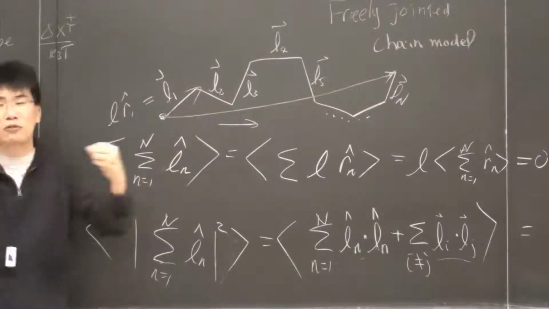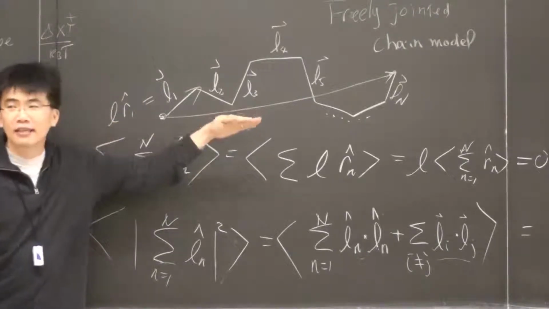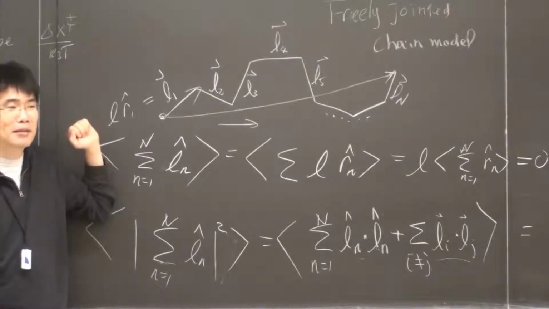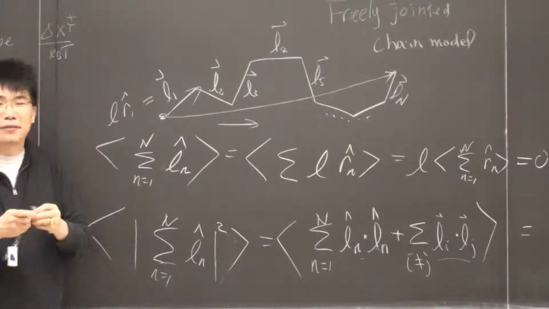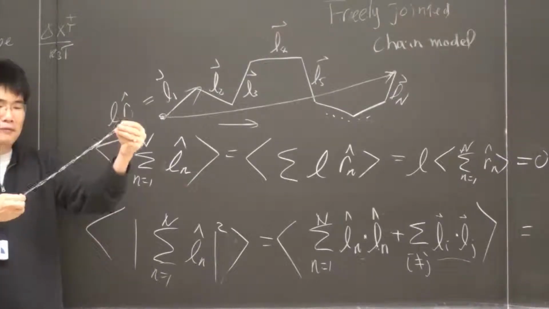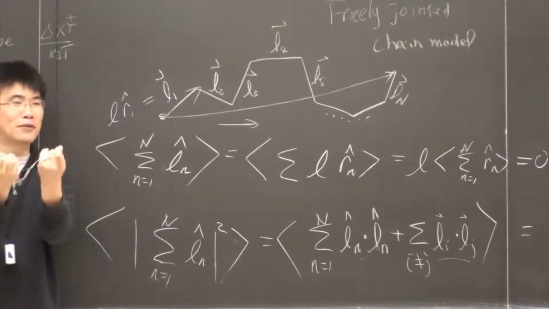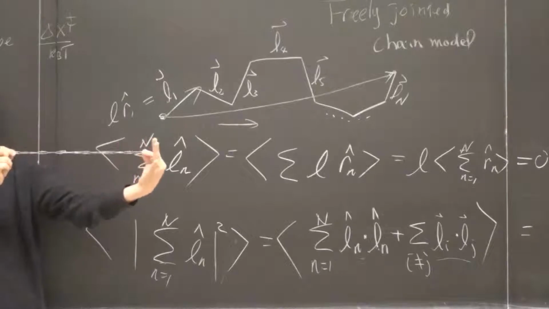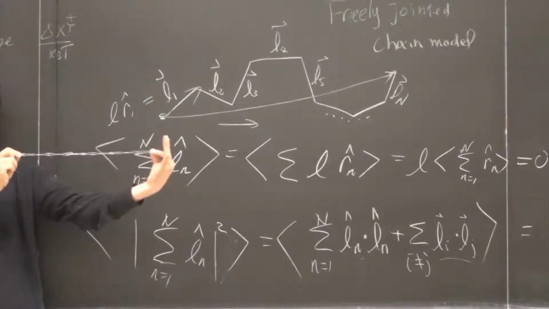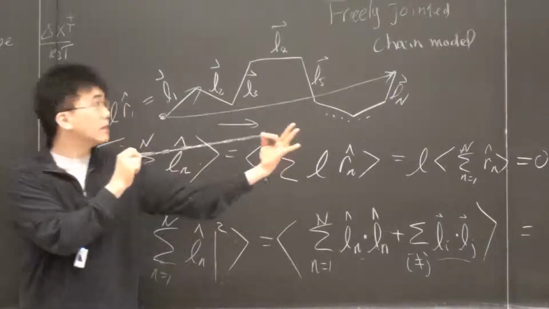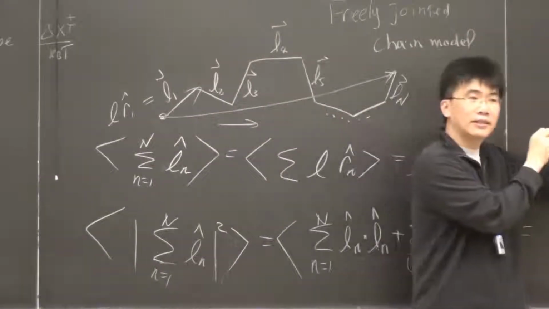But if you apply a really strong magnetic field, everything is fully aligned, and you get basically n times each spin's magnetization. Same here. If you apply force externally, at low forces they are still fluctuating, but at high enough force it's fully stretched, and then the end-to-end distance, the length of this vector, will be that.